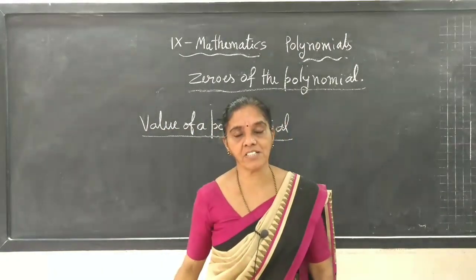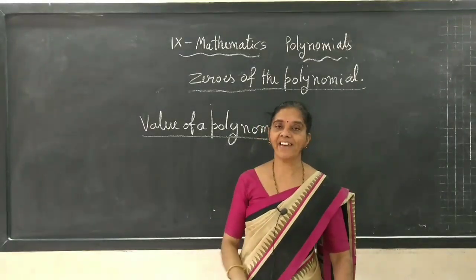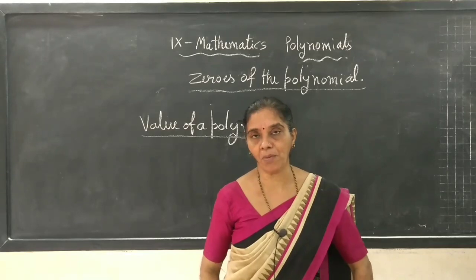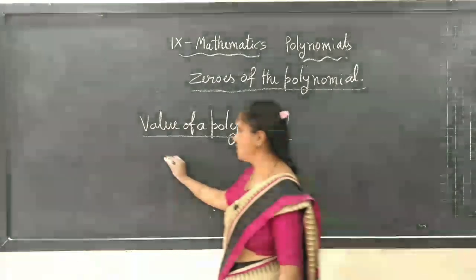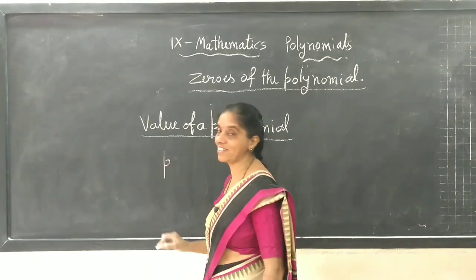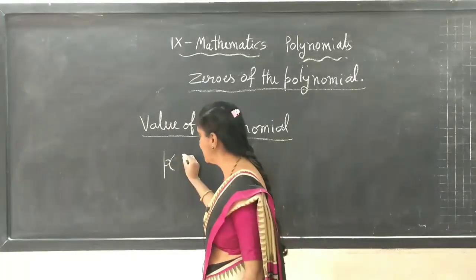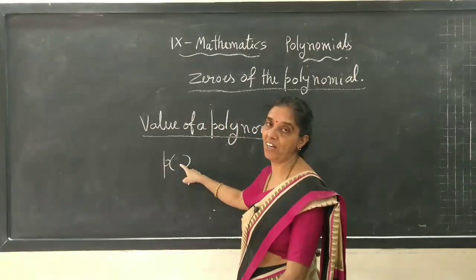Usually in the exercise or in any chapter on polynomials, they express it by English small letters, by some names. Usually the letter p or q or s they will use. Then you have to write in brackets the variable which you are using in the polynomial.